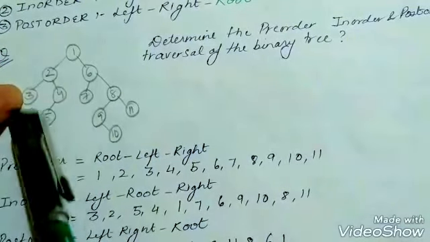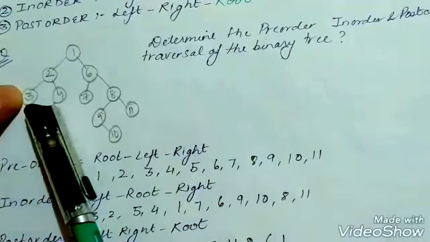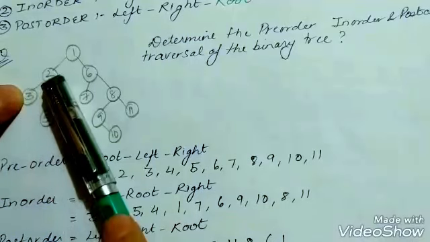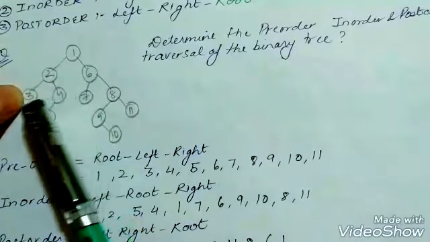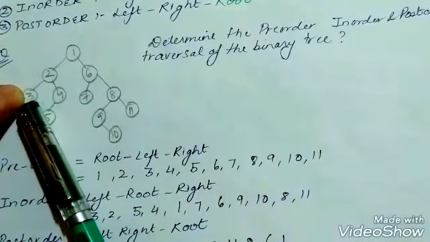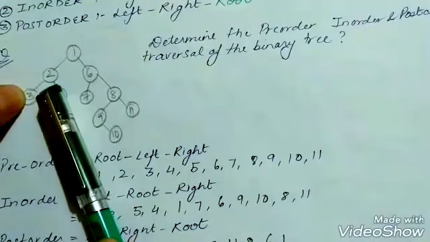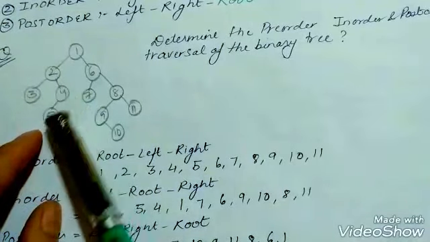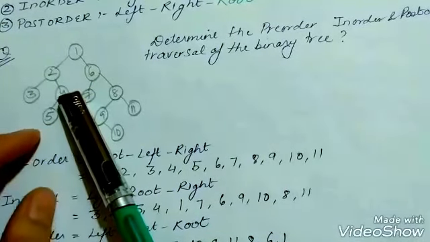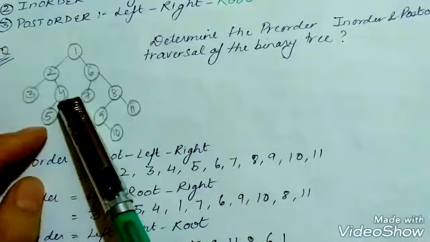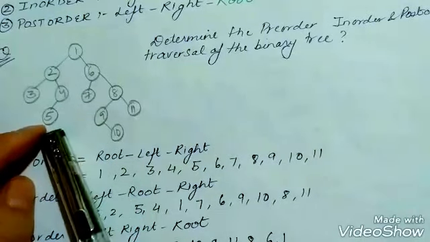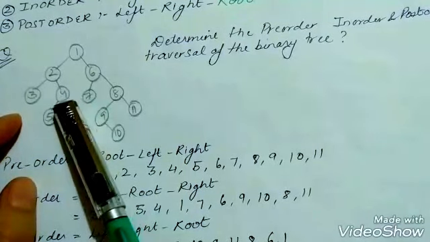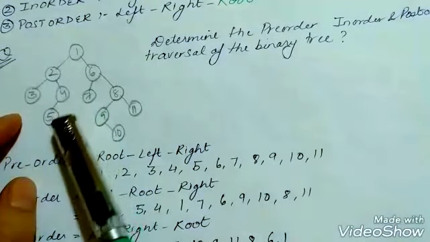From here, we can see that 3 is the leftmost node. So we take left, root, and then right. So 3 is our left, 2 is our root, and then over here we move to the right, and 4 and 5 both are in the right. But in this also we will take the left first. So we have 5 and then the root, which is 4.